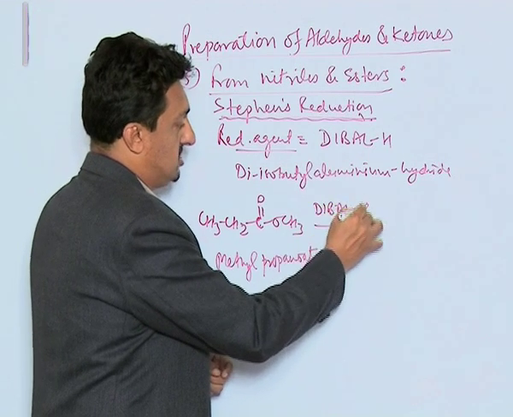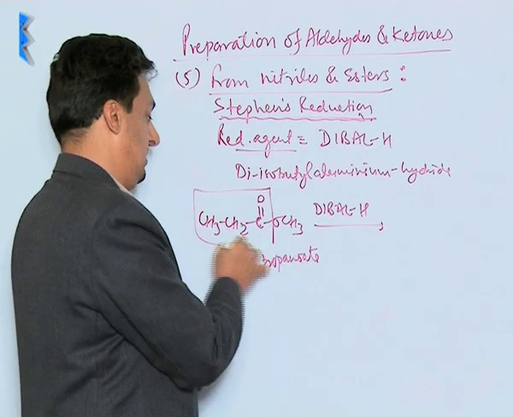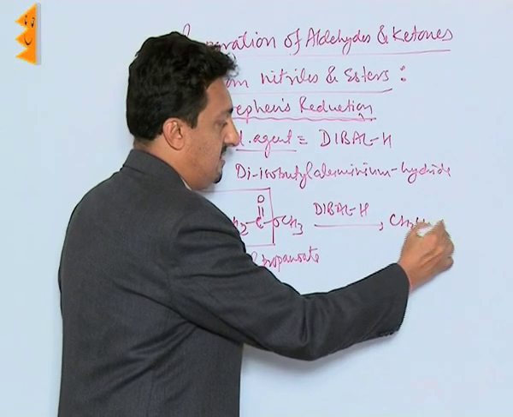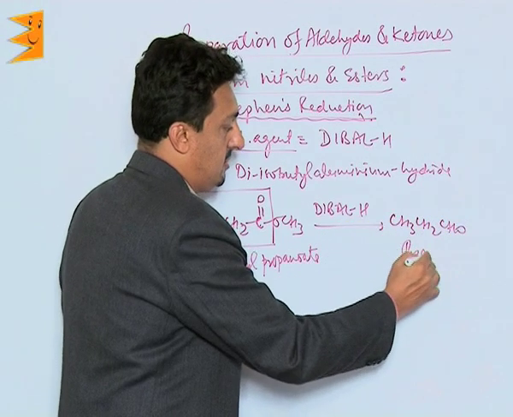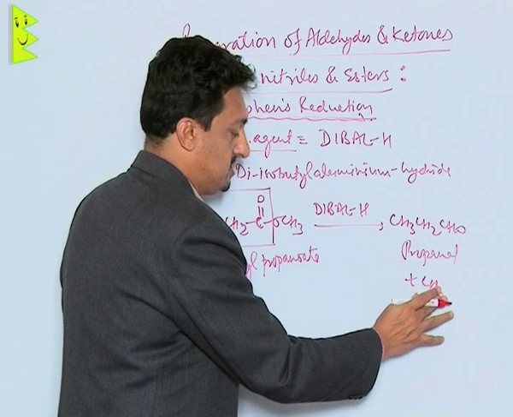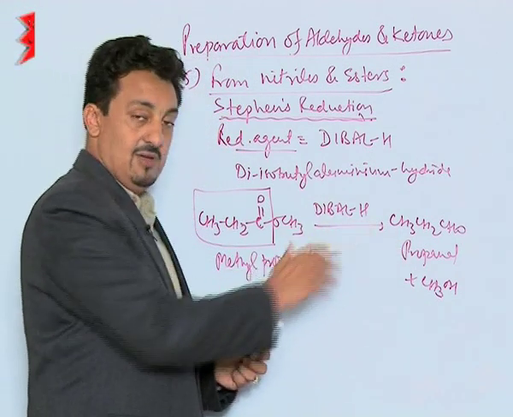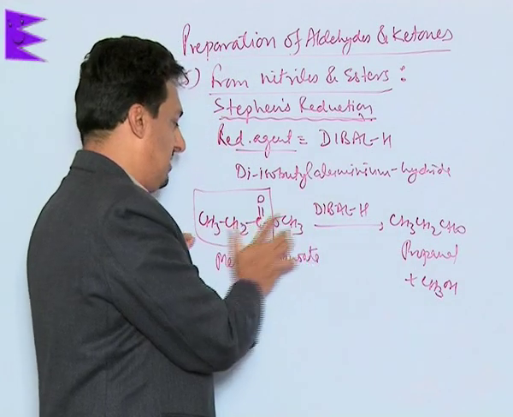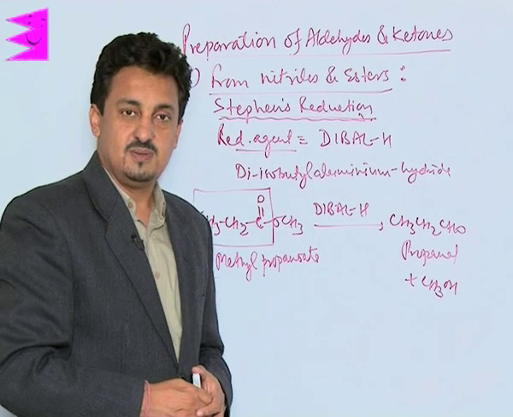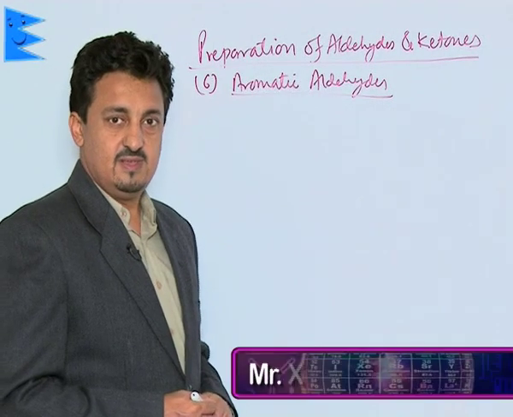This on reaction with DIBAL-H will convert the acidic part into the corresponding aldehyde, CH3CH2CHO. So what we get is propanal, plus of course in this case the methanol which is left out, and alcohol is given out. So the acidic part of the ester easily gets converted into an aldehyde, and this is the use of DIBAL-H. Let us see the preparation methods of aromatic aldehydes.